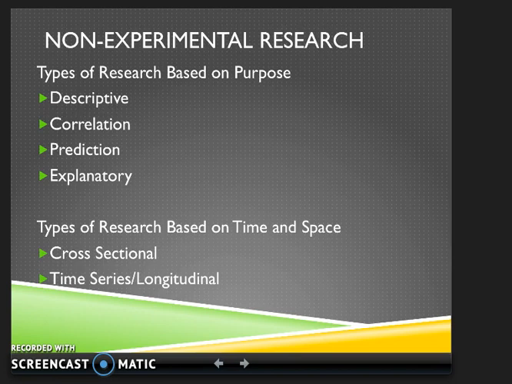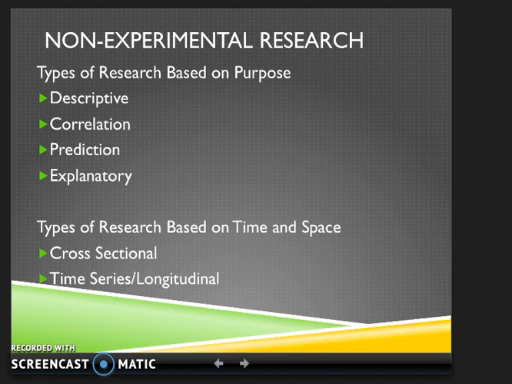For example, it could be looking at the correlation between teachers' years of experience with their job satisfaction or their teaching effectiveness, identifying the correlation relationship between two variables. However, please remember, this is correlation and association. It's not cause and effect.